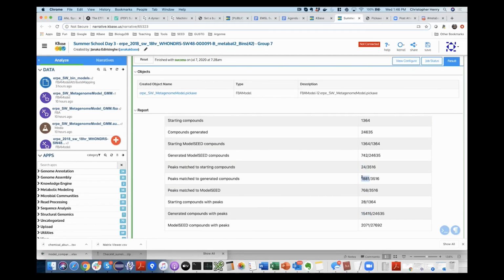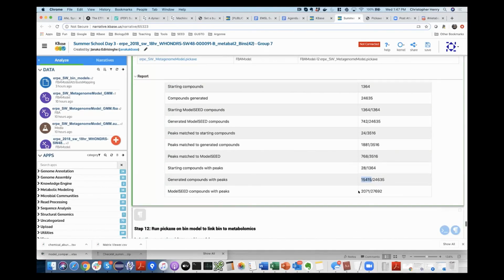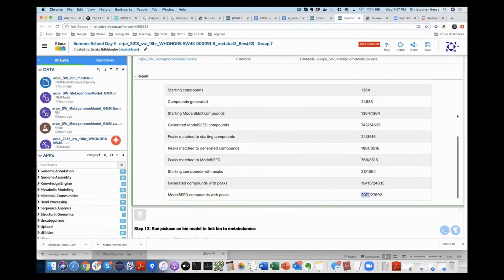So as I mentioned previously, the cheminformatics is really good at this: once it finds one compound that hits a peak, it will find many more very, very quickly. So that's what it's doing. It's finding, get the math here, 8 or 9 compounds per peak based on this analysis. And then the ModelSEED compounds with peaks, 2,071.